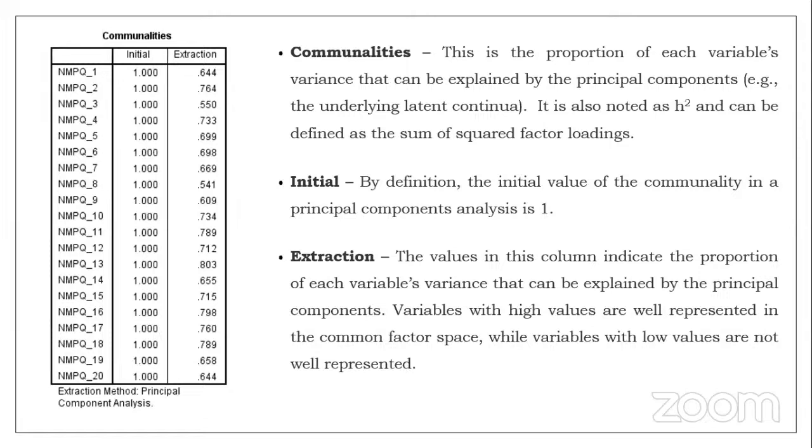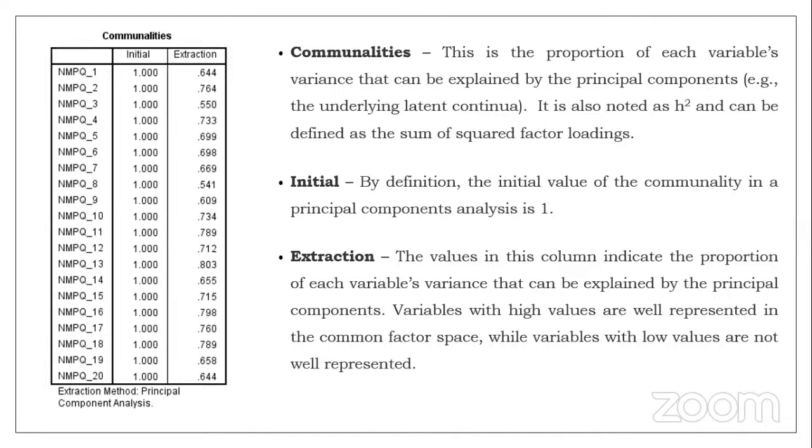Now coming to the next table which you get in your analysis. All right. This is the table of communalities, which is generally denoted by H square. It's basically the proportion of each variable's variance that can be explained by the principal components. Now, remember that PCA assumes that the total variance is equal to the common variance.